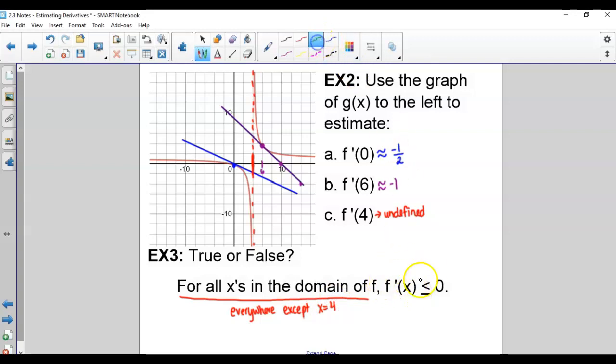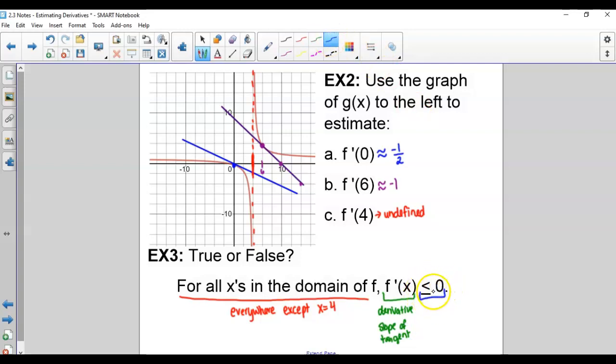It says f prime of x. Let's remember what that f prime of x means. That's the derivative, or our slope of the tangent, is less than or equal to 0.